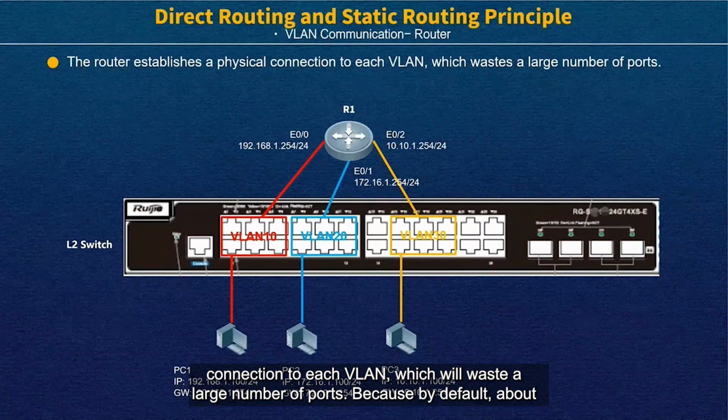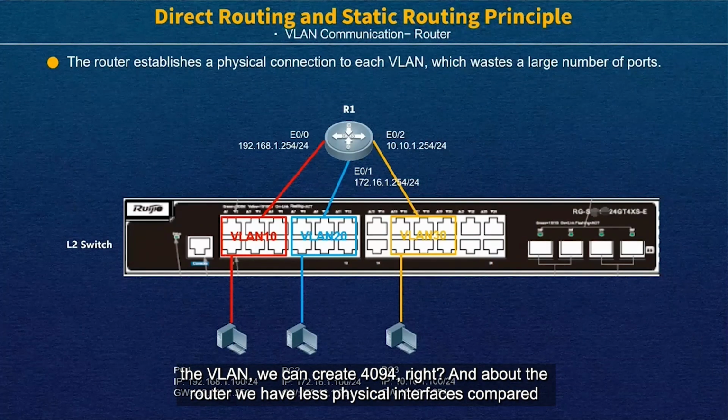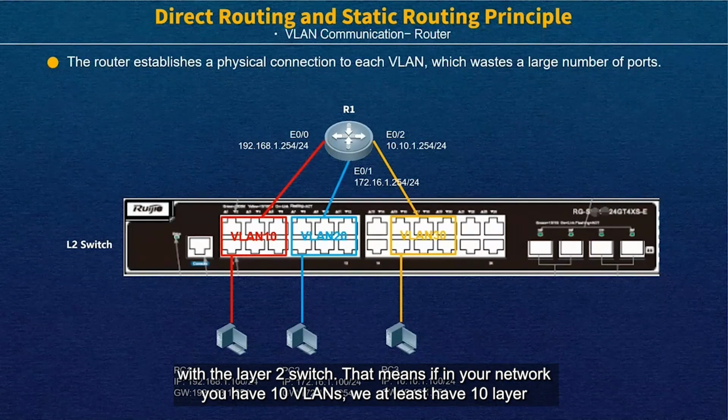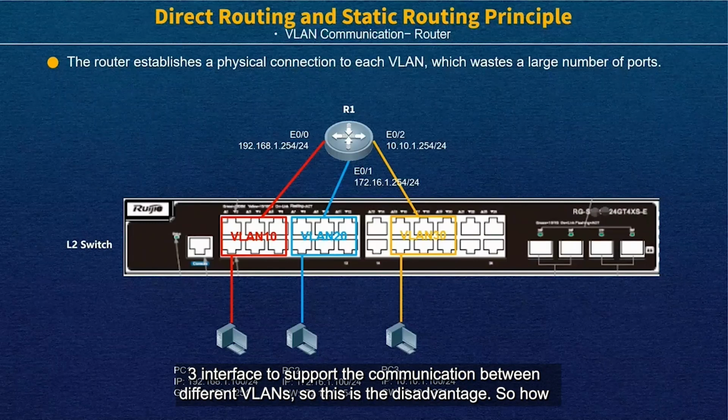Because by default, we can create 4094 VLANs, right? And the router has fewer physical interfaces compared with the layer 2 switch. That means if in your network you have 10 VLANs, we need at least 10 layer 3 interfaces to support the communication between different VLANs. So this is the disadvantage.